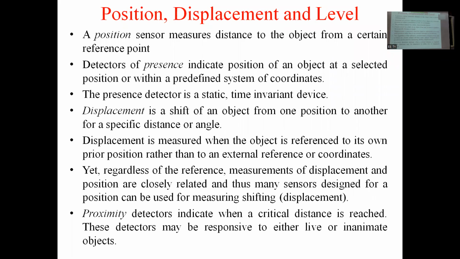From one position to another position, the shifting of that object has happened, that is, movement. It is also a distance, and it is also measured by using the displacement type of sensor. So the only difference is the reference position. So a position sensor is also used to measure the displacement, or a displacement sensor is also used to measure the position, right? So there is only a little bit of difference.